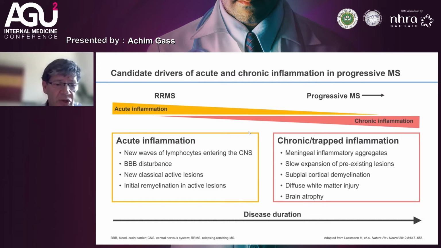So the acute inflammation we can much more easily detect, while the chronic inflammation has much more subtle features, is also not as frequent, but is quite important and will be an extension in the future of our trial.